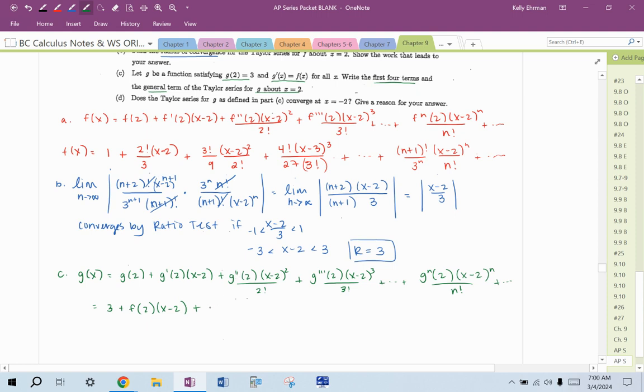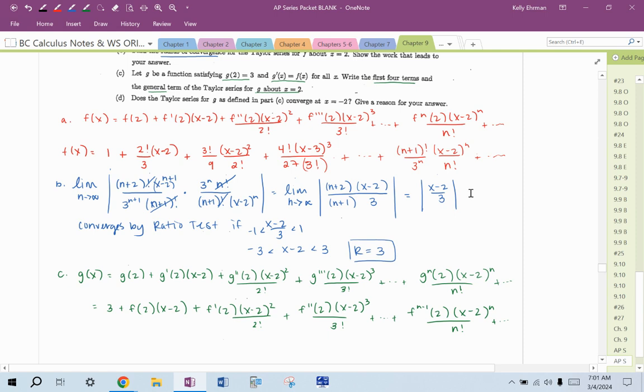G double prime of 2 is f prime of 2 times x minus 2 squared over 2 factorial, plus f double prime of 2 times x minus 2 to the third over 3 factorial, plus dot dot dot plus the nth derivative of g, which is the n minus 1 derivative of f at 2 times x minus 2 to the n over n factorial plus dot dot dot.